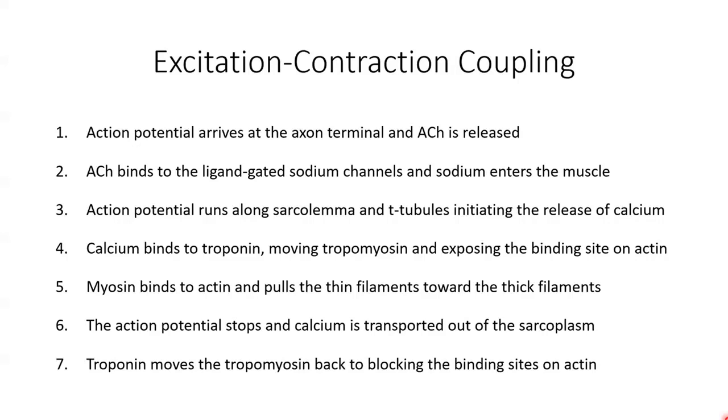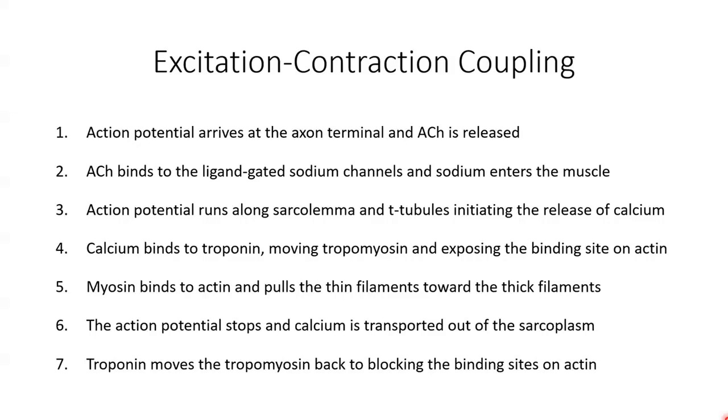The action potential then runs along the sarcolemma, which remember is the plasma membrane of the muscle, and down into the T tubules, which causes the release of calcium from our sarcoplasmic reticulum and the terminal cisterns. Calcium binds to troponin, which moves the tropomyosin out of the way and exposes the binding sites on actin.